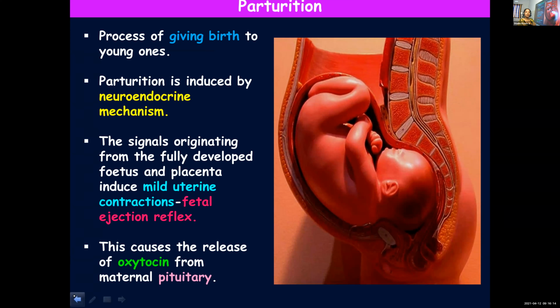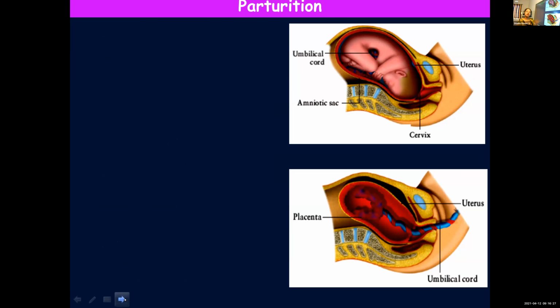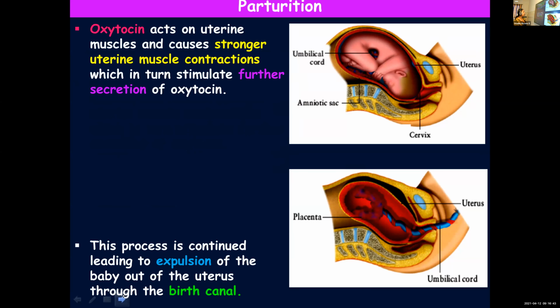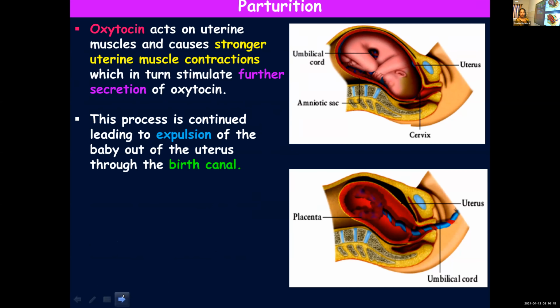This will stimulate the pituitary of the mother to release the hormone oxytocin. Once oxytocin is released, it will cause stronger uterine contractions, and again more and more oxytocin will be released, promoting further vigorous uterine contractions, and this process will continue.